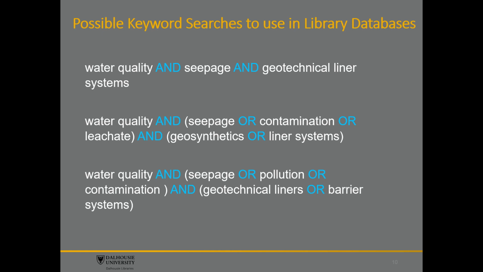And library databases all have these Boolean operators built in, and they expect you to search using your keywords individually or in combination. And by keywords I mean key individual words or key phrases.